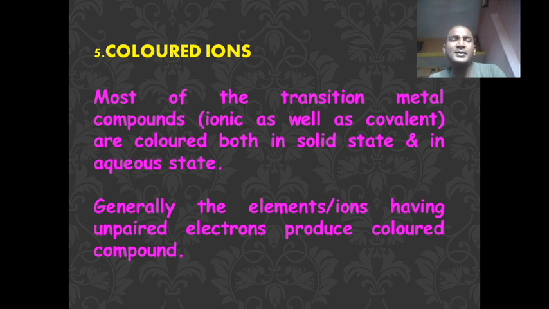When there is an unpaired electron in the electronic configuration, there is a vacancy, and one electron can be transitioned to a higher energy level. When this electron comes back to the ground state after some time, it expels the extra energy in the form of light, which results in the coloring property of transition series elements.